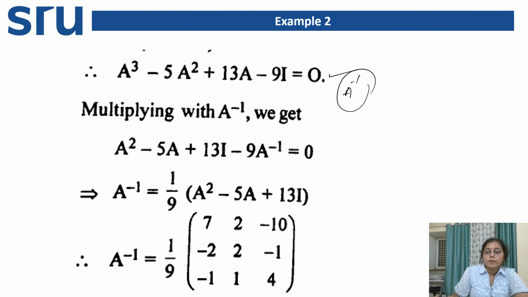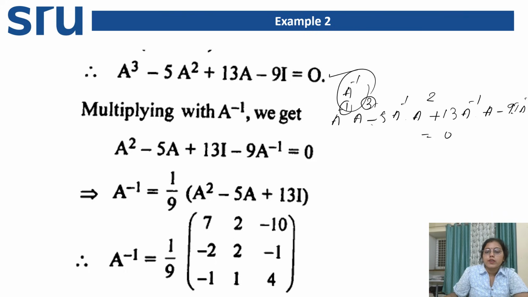So you multiply A inverse in each place, like minus 5 A inverse into A square plus 13 A inverse into A minus 9 I A inverse equal to 0. So here simply do the calculation.